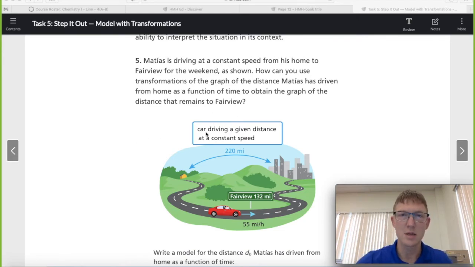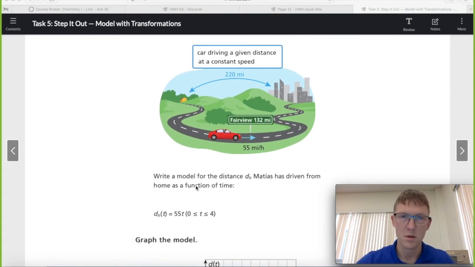But so the car is driving a distance at a constant speed. Our total distance is 220 miles. Our speed is 55 miles per hour, and it looks like Fairview is 132 miles that way. Okay. So write a model for the distance d_h that Matias has driven from his home as a function of time. So for distance, we have a speed and we have a time.